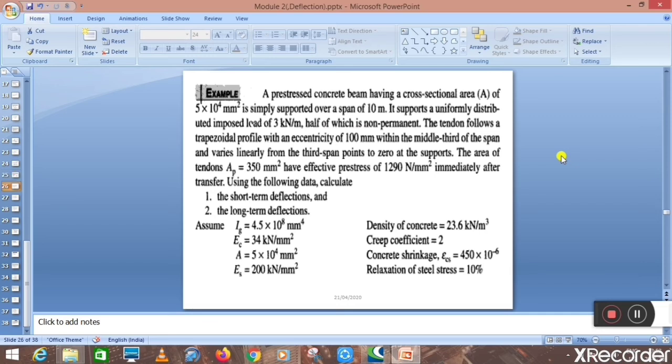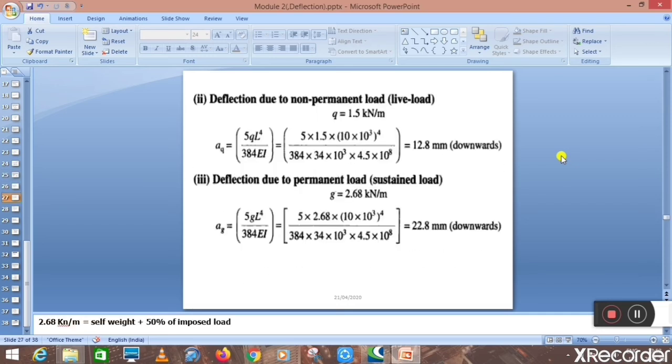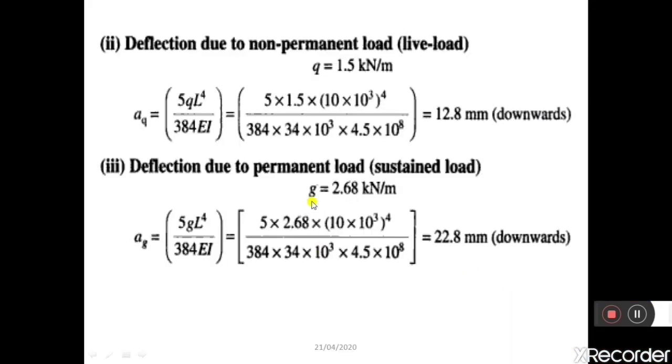Therefore, self weight of a beam will be self weight of a beam plus 50% of the imposed load. That will be the total self weight of a member. So that will be equal to 2.68 kilonewton per meter.